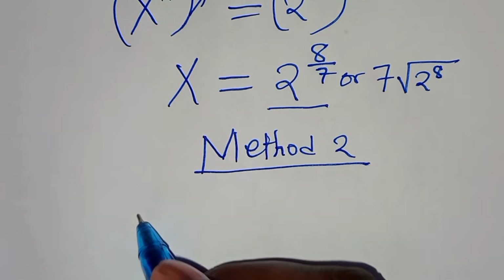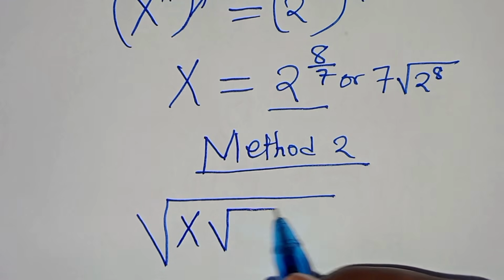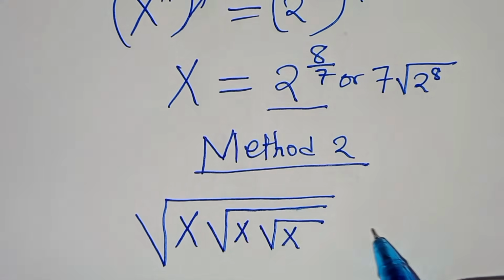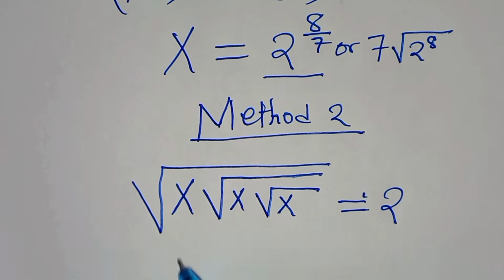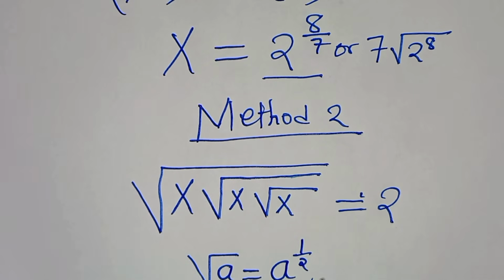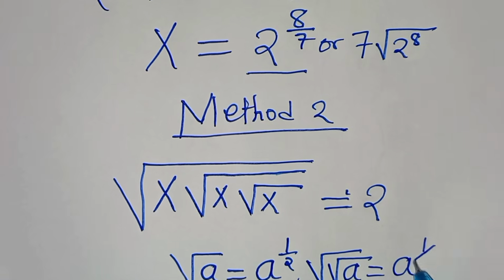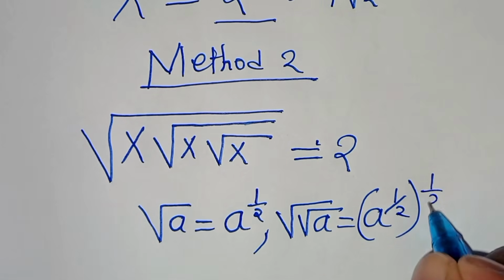So again we have the square root of x times the square root of x times the square root of x, equal to 2. Now we have that the square root of a is the same thing as a raised to the power of a half, and the double square root of a is the same thing as a raised to the power of a half, then raised to the power of a half.